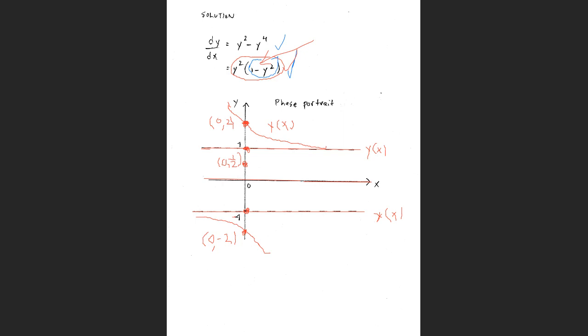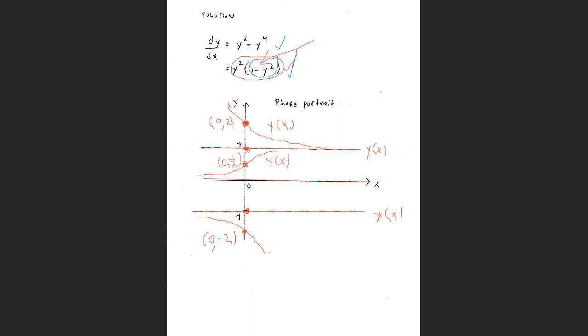You're going to get a positive number. So this is what the solution would have to look like. So we're graphing solutions to the differential equation for different initial conditions without solving the differential equation, but we can qualitatively see what solutions look like.